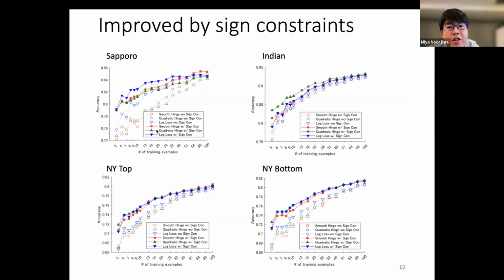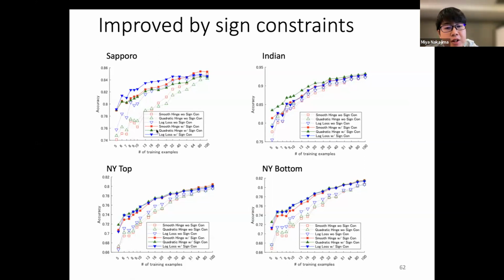On this slide, you can see four plots, each representing the accuracy in their respective datasets. In the top left, we have the result for Subpolar. The top right showcases the result for Indian. The bottom left features the result for NY top, and in the bottom right, we have the result for NY bottom. The horizontal axis represents the number of training data.